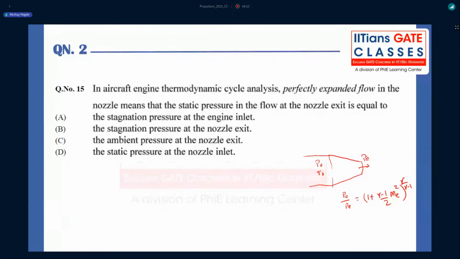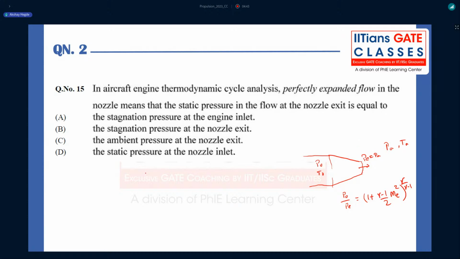The aircraft is operating at a certain altitude, with some atmospheric value, say PA and TA. This is the atmospheric condition of the air surrounding the engine. Now if it is expanded perfectly to the atmosphere, that means PE should be equal to PA, right?